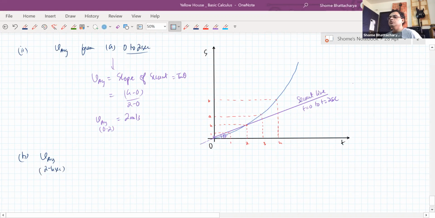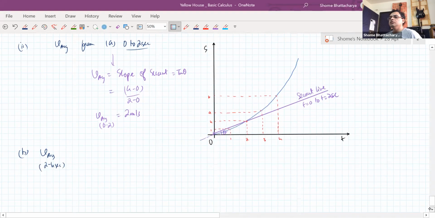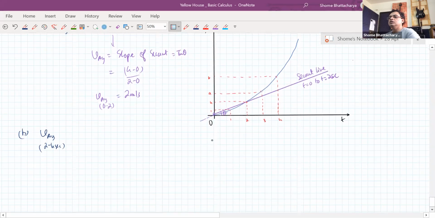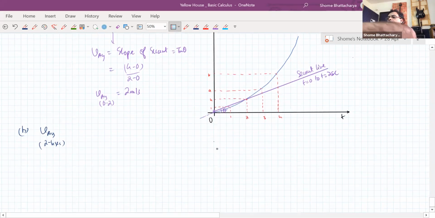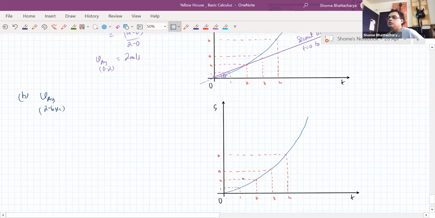So now I'll have to make a new secant line joining these instants of time. So I'll have to join this point here and this point here with a new secant line.